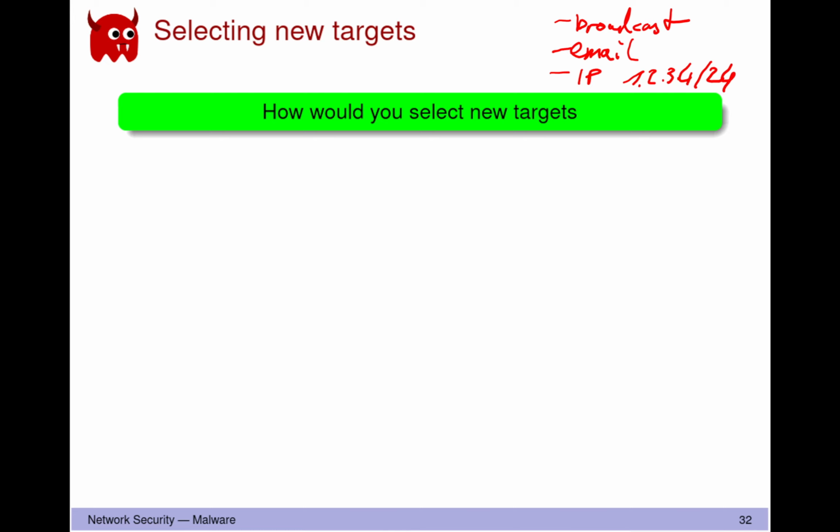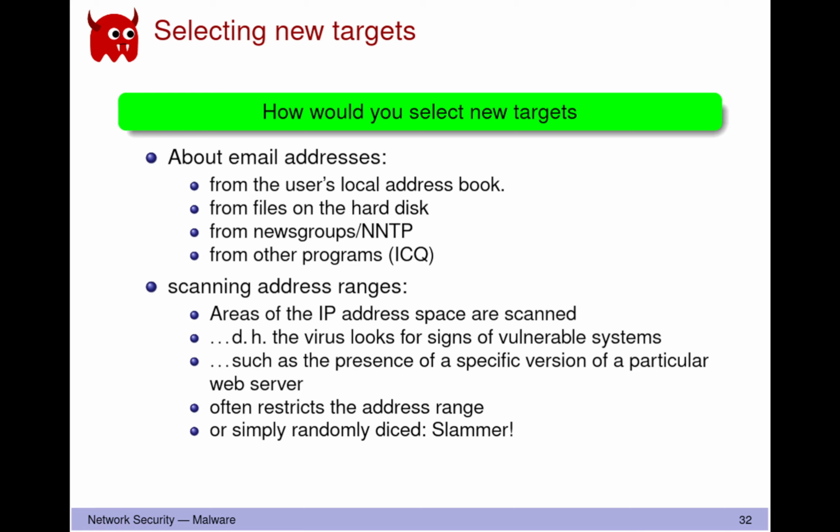So if the last 8 bits change, so in this case this 4, actually it would be 0 maybe, if this is modified, then I'm in this one-hop neighborhood to these machines, so in the same shared medium. So I could just vary the numbers that I have at the host part of the IP address and send out some messages there. And so there, basically, you can go through various elements: users' local address book, so email address, files from hard disks.